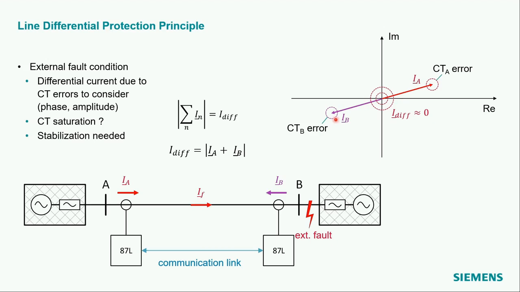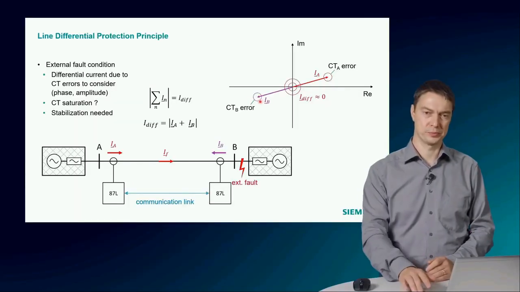The higher currents result in bigger CT errors and therefore a higher differential current. For this reason, we need a minimum pickup threshold for the differential current setting. In an extreme situation, one CT could saturate and the apparent differential becomes very big. For this, we need other types of stabilization, which I will present later to you.